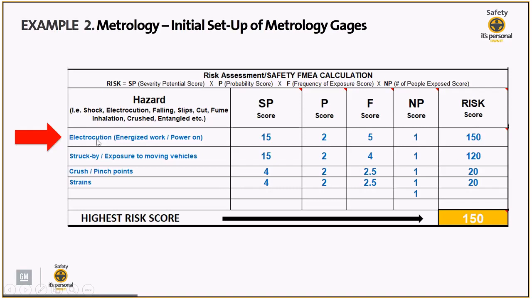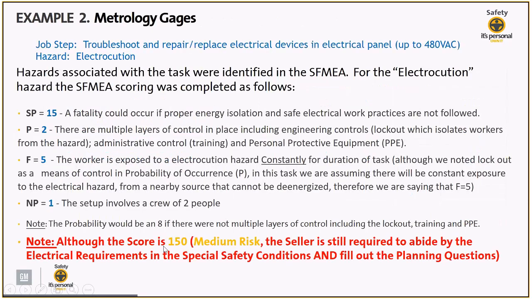So let's just take a look at electrocution. In this job step, they are troubleshooting, repairing, and replacing the electrical device on the electrical panel. So they're saying their possible hazard is electrocution. Severity potential, they said a 15, because a fatality could occur if proper energy isolation and safe electrical practices were not followed.